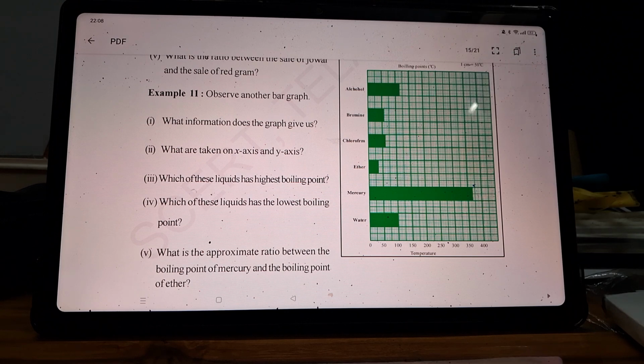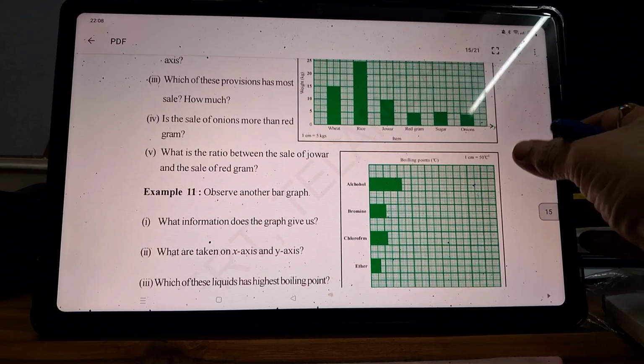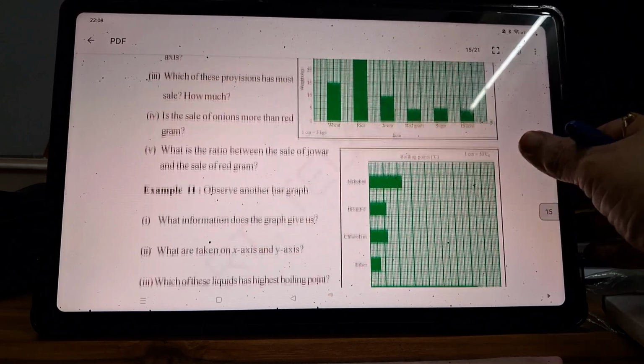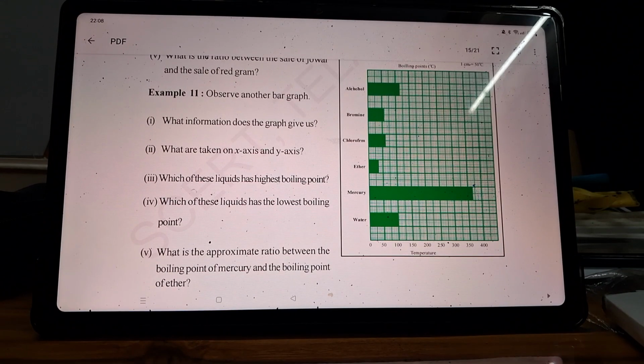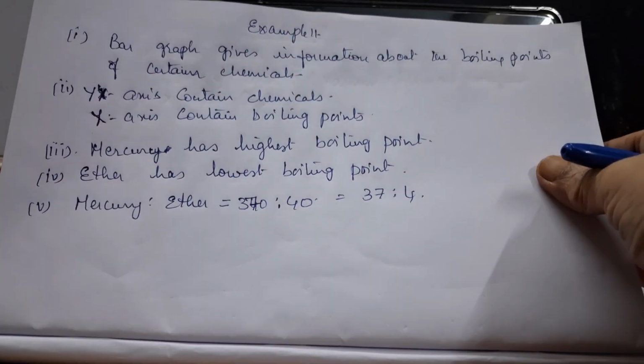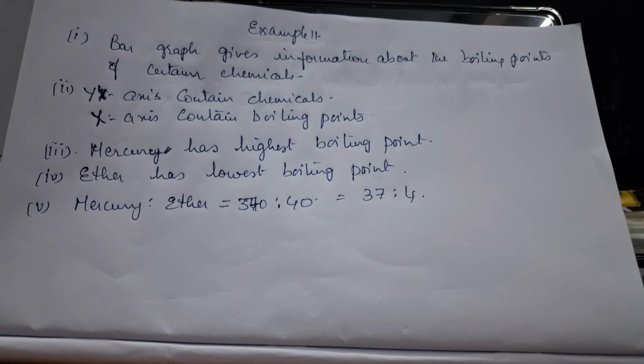I hope I am clear. This one is called a horizontal graph. The earlier one which we have done, this is vertical graph and this is horizontal graph. So the answers of this 11th one are given here. You see, children, what information is given? Bar graph gives information about the boiling points of certain chemicals, and y-axis contains chemicals and x-axis contains boiling points.